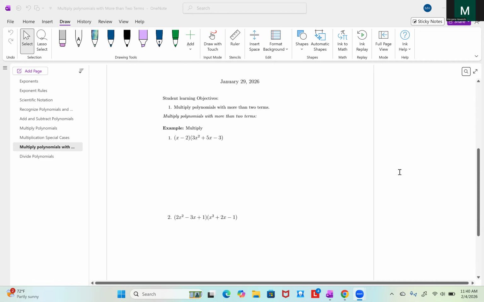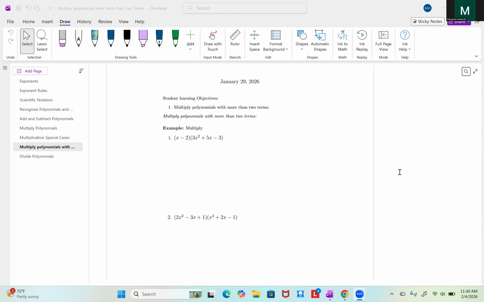To multiply polynomials with more than 2 terms, we use a method similar to the FOIL method. We start with the first polynomial on the left side, take the first term, and multiply that term to each term in the second polynomial.